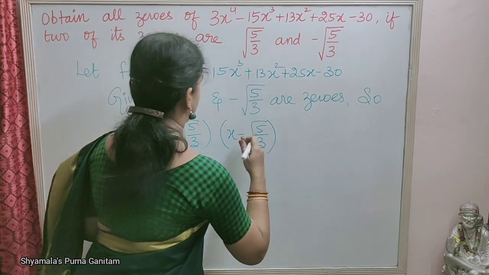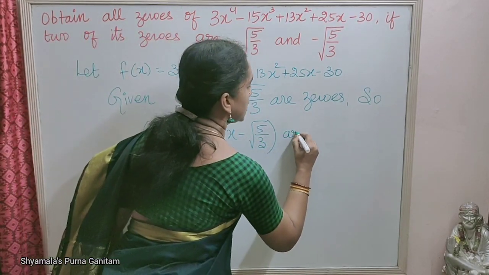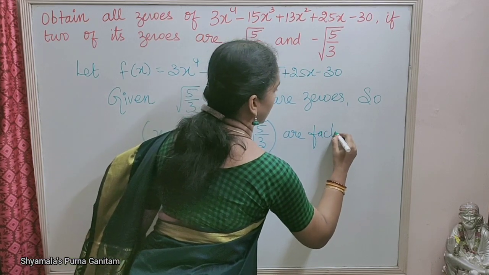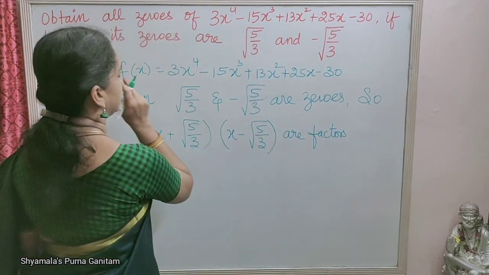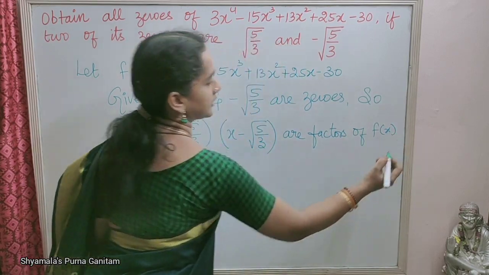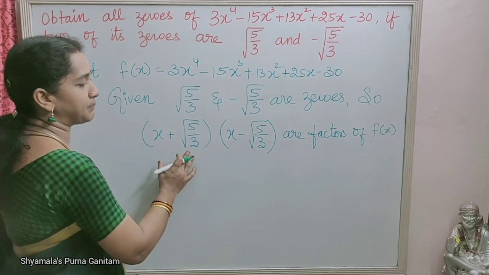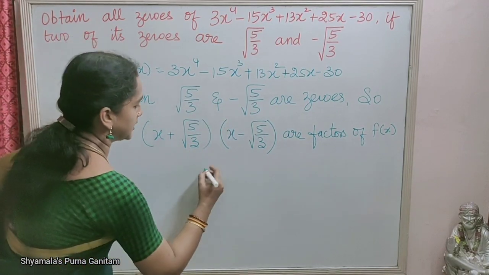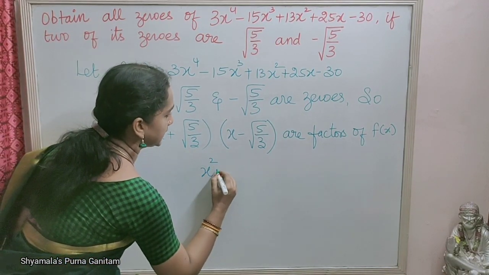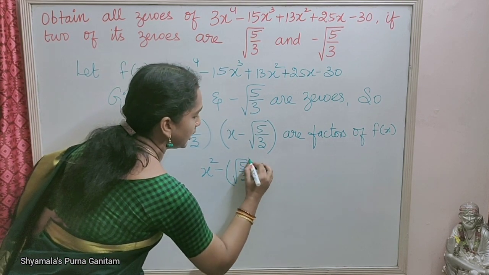These two, x plus root 5 by 3 and x minus root 5 by 3, are factors of what we have taken, f of x. How can you write these two factors? This is a plus b into a minus b, so x squared minus root 5 by 3 the whole square.